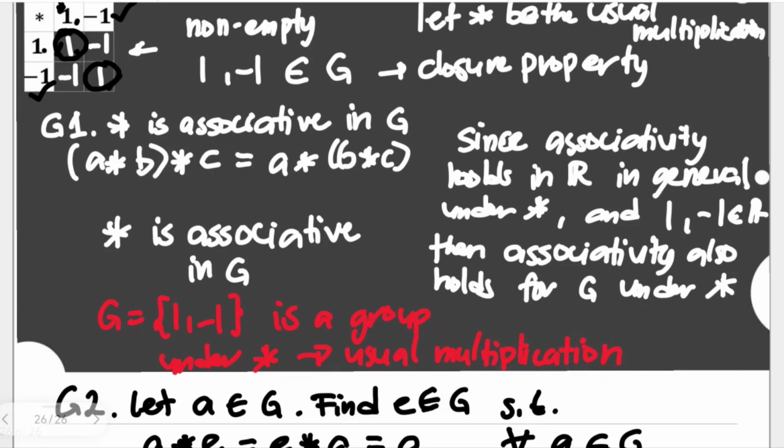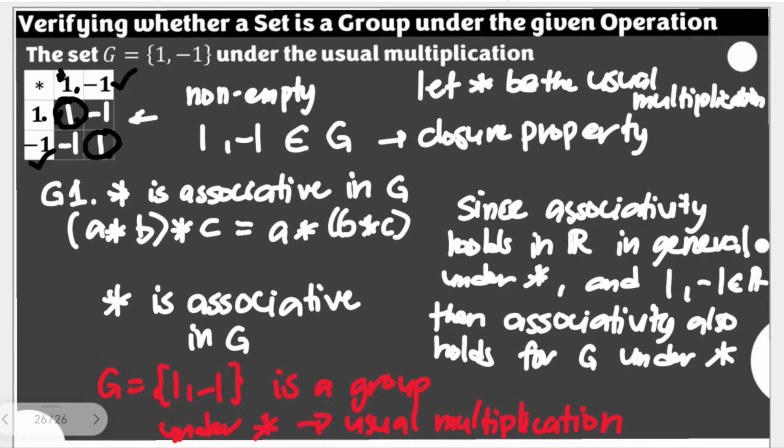This is how we show the answer for this given item. After completing our Cayley's table, it's easier for us to look at the results. Thank you very much for watching.